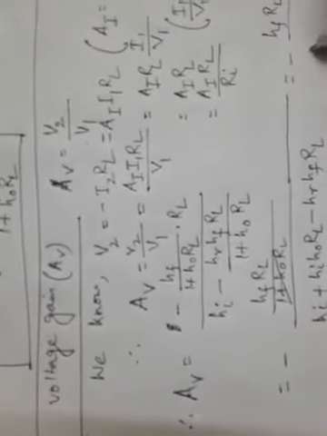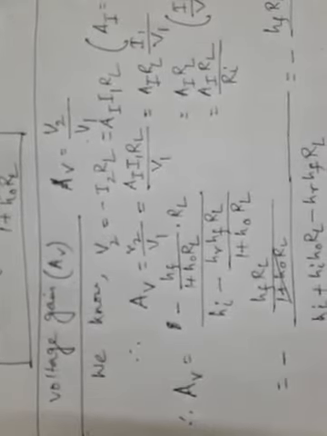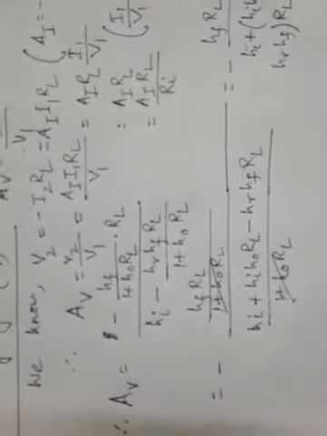So this is minus Hf RL divided by, if you take common from the first two terms, or you can leave as it is, Hi plus, take RL common from this, Hi Ho minus Hr Hf, all H parameters are involved in this, and take RL outside.